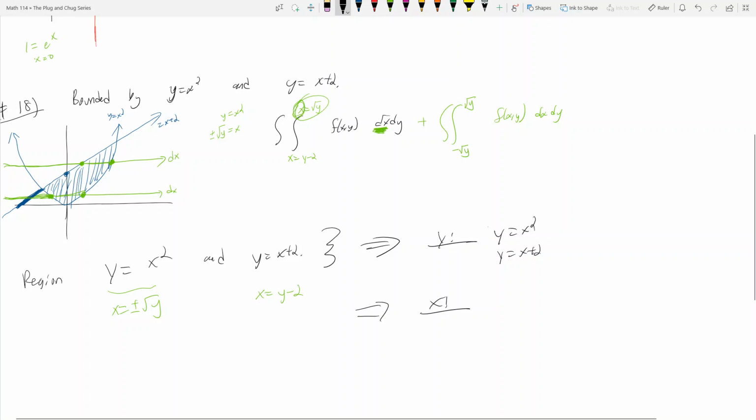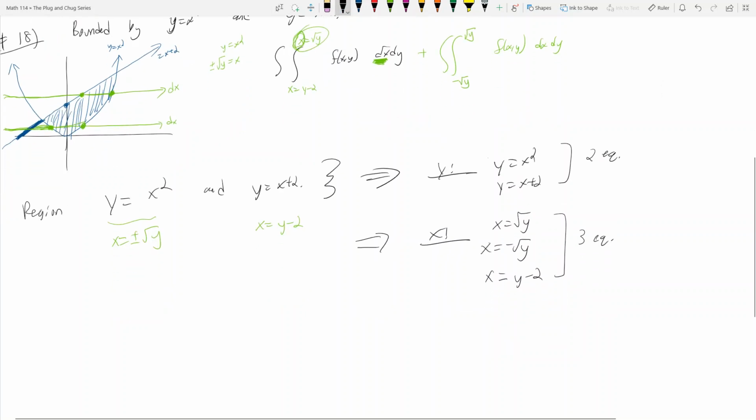But now if we list them all out, x is equal to positive root y, x is equal to negative root y, x is equal to y minus 2. Look, I got three equations. And here I got two equations, right? So if I try to set up one double integral, remember, this is either y is equal to something or it's x is equal to something, right?